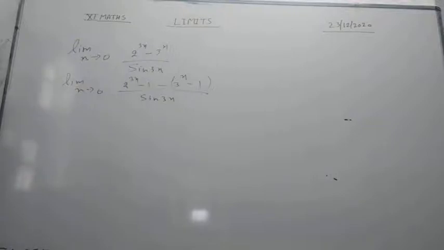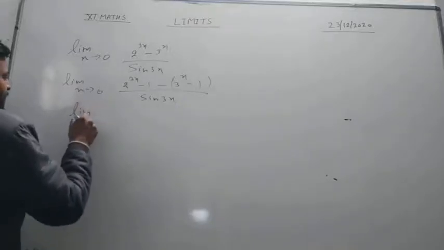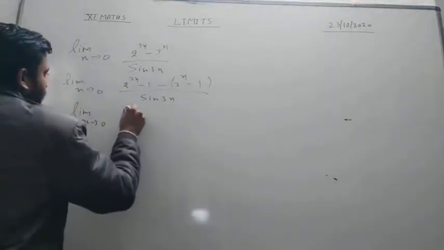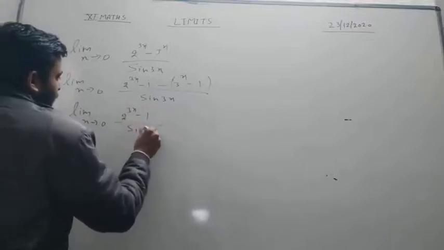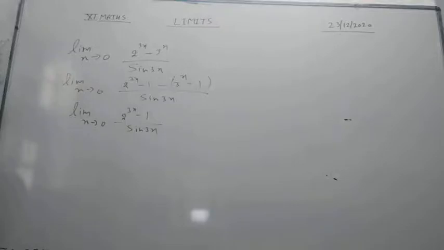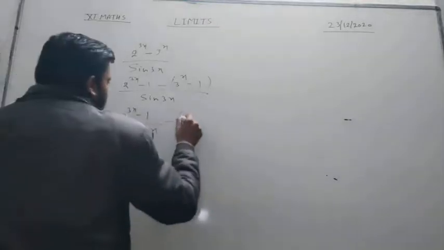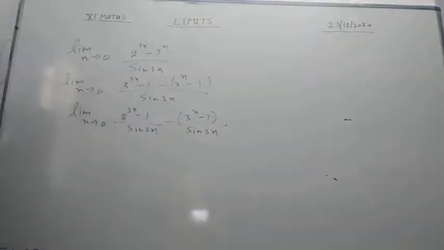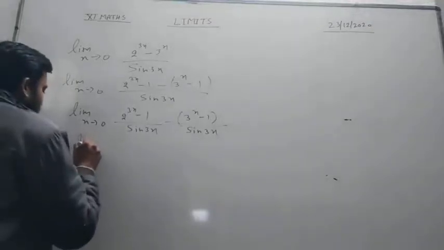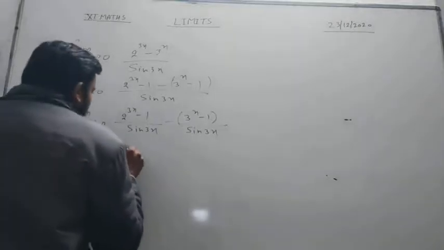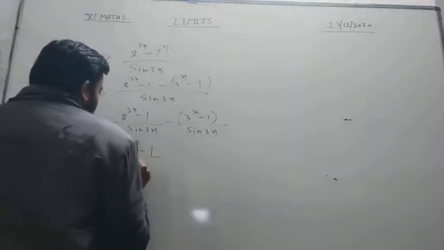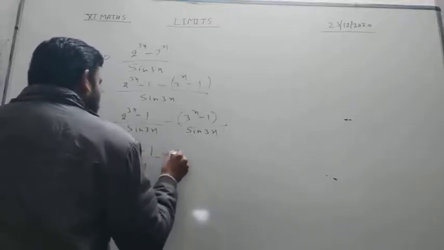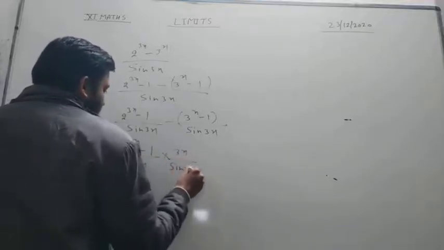Okay student, so we can write this as limit x tends to 0, (2^(3x) − 1)/(3x) into 3x/sin 3x.